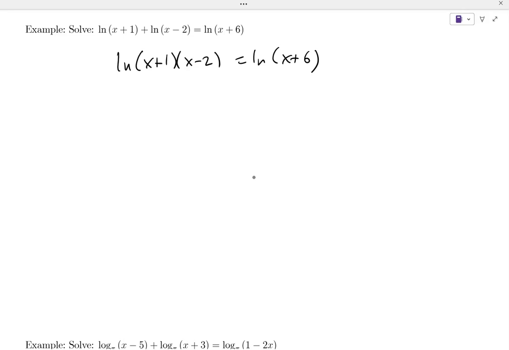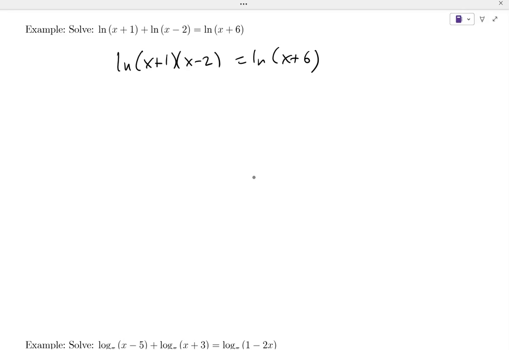Now, earlier we mentioned that when we were doing exponential equations, if you can get exponentials with the same base on both sides, then to solve the equation, you could just set the exponents equal to each other. We're using that one-to-one property of exponential functions. Well, remember, logarithms are the inverse of exponentials. If the exponential functions are one-to-one, so are the logs.